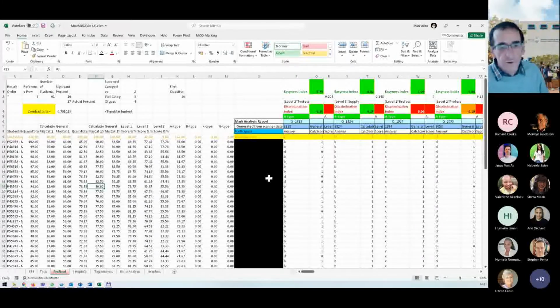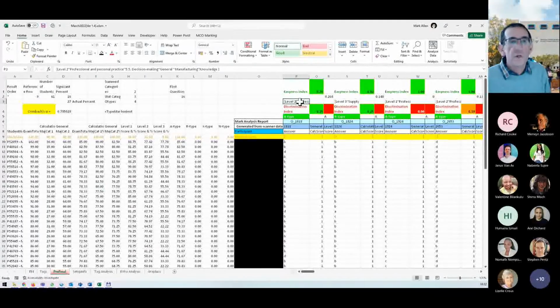This can be taken from paper-based exams, or can come in comma-separated values from other exam systems, which is generally the easiest way of exporting data. What's nice about this particular exam is it's been tagged very well. If you have a look at this question, for example, it tells you a lot about the question itself, and that's the big advantage of tagging.